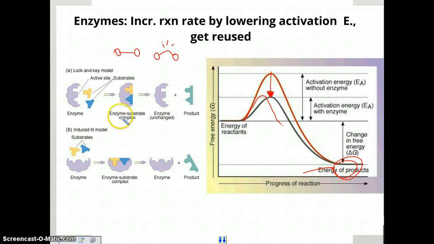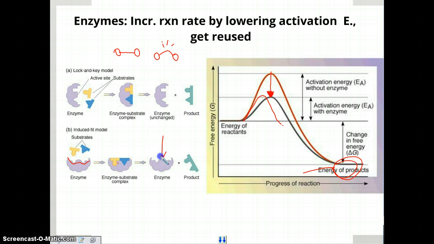Now, enzymes do have this sort of induced fit model that people have embraced. And the idea is the substrate will alter the shape of the enzyme in order to allow the two molecules, in this instance, to juxtapose themselves in such a way to form a chemical bond.